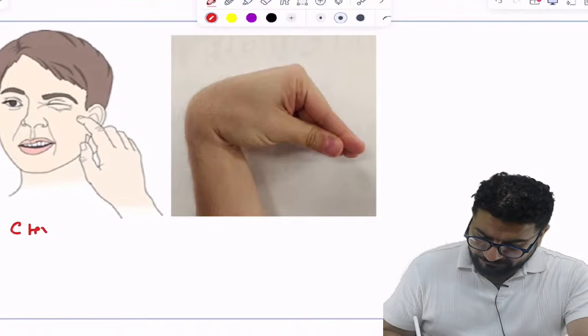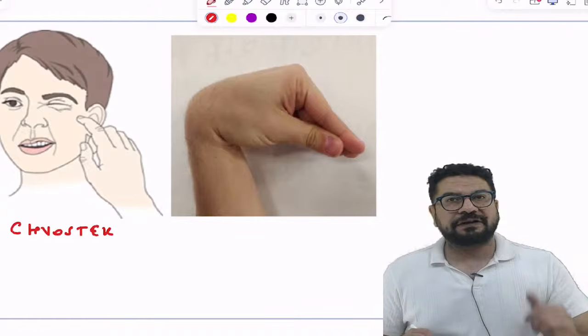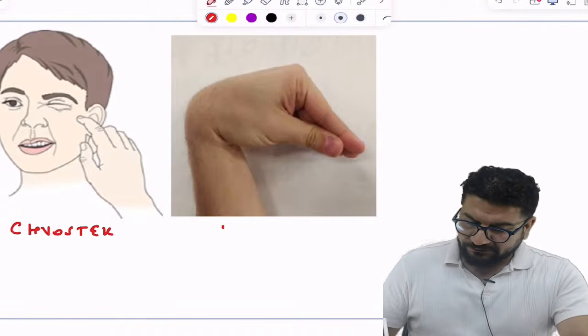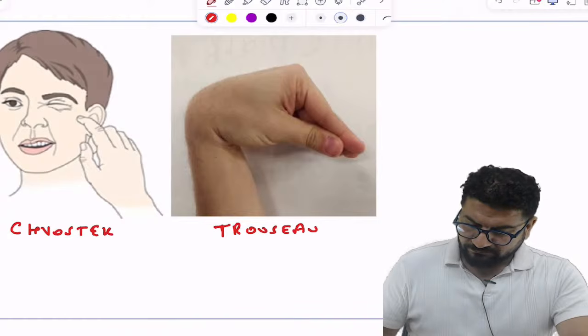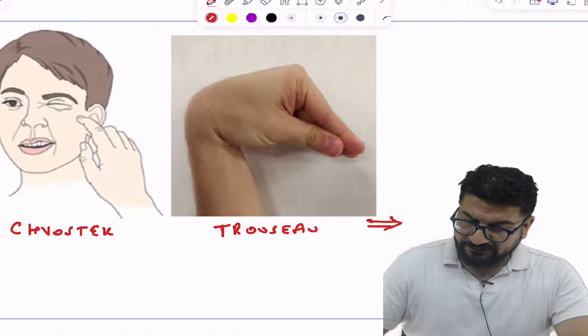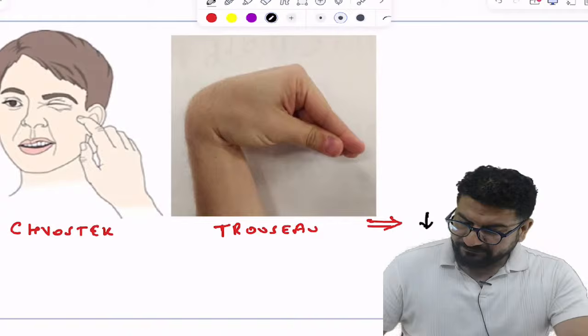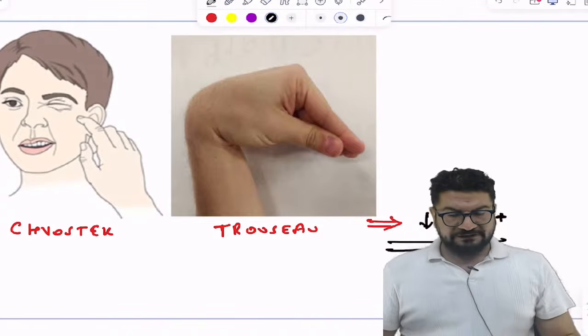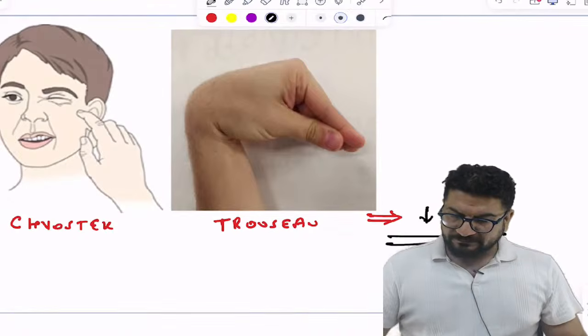When you tap on the cheek, there will be twitching of the eyelid. This is your Trousseau sign. Chvostek sign and Trousseau sign are two signs which we see because of low calcium, because of hypocalcemia.